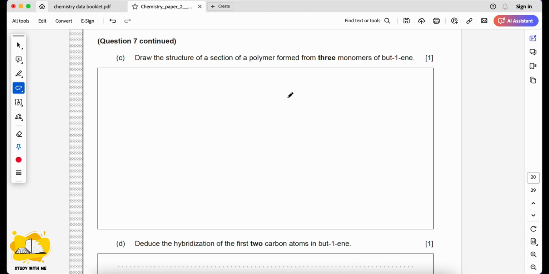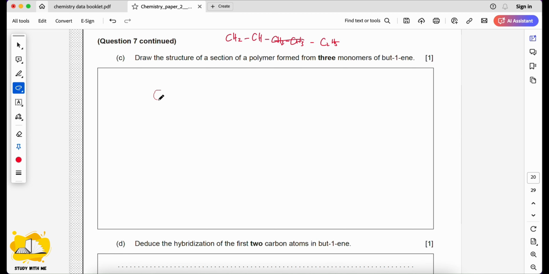Draw the structure of a section of a polymer formed from 3 monomers of but-1-ene. So but-1-ene is CH2=CH-CH2CH3, I will say C2H5.